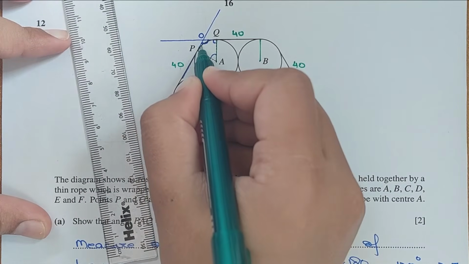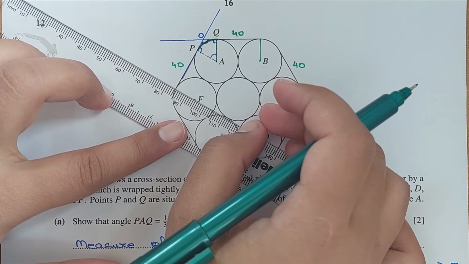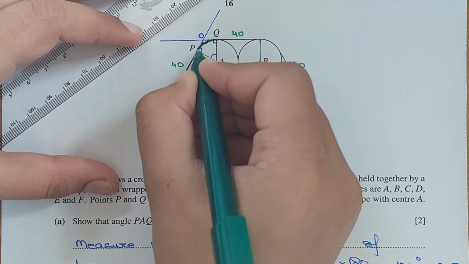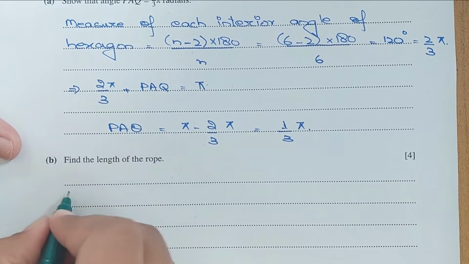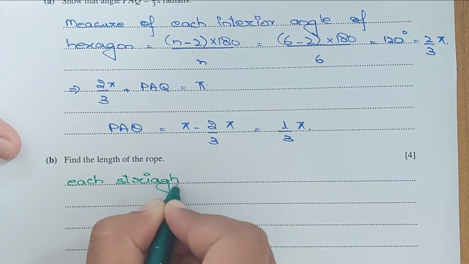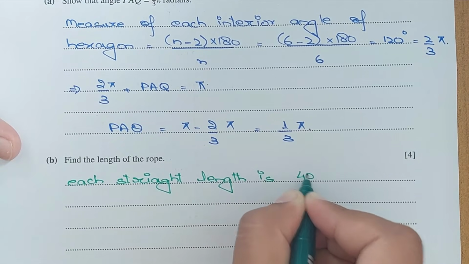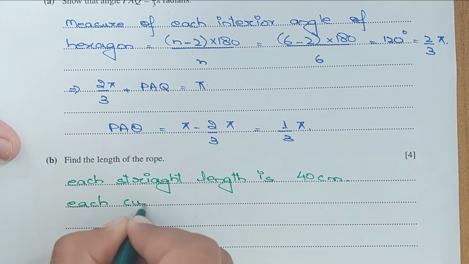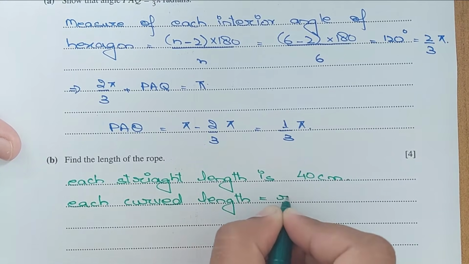Now we need to find this curved one. What is this curved length? Basically this is the arc length we have to measure, right? So we can say that each straight length is 40 centimeters, and each curved length is basically the arc length, that is radius times theta.